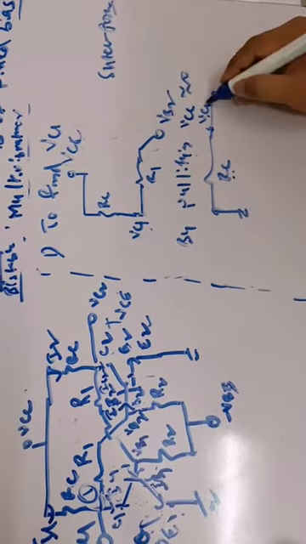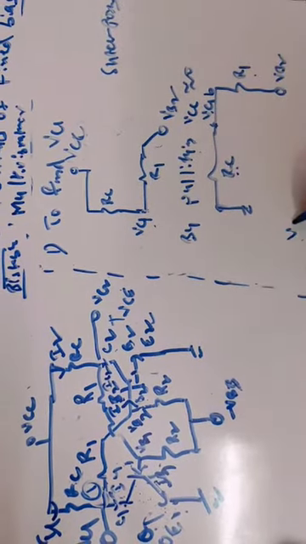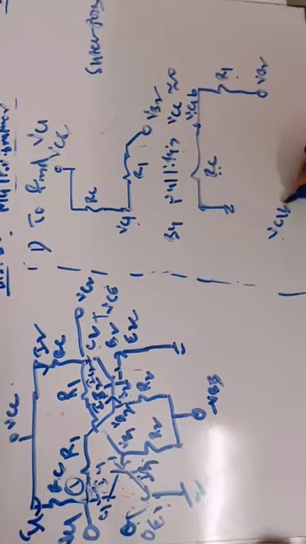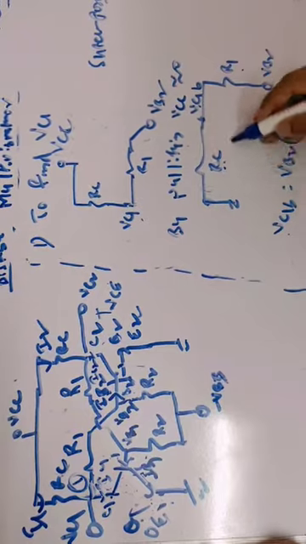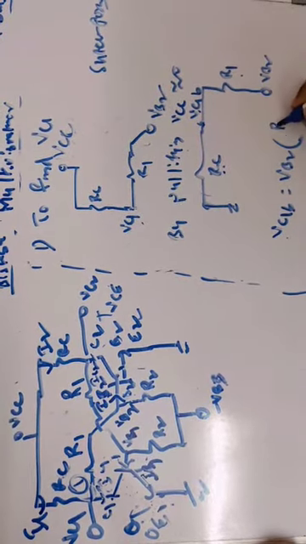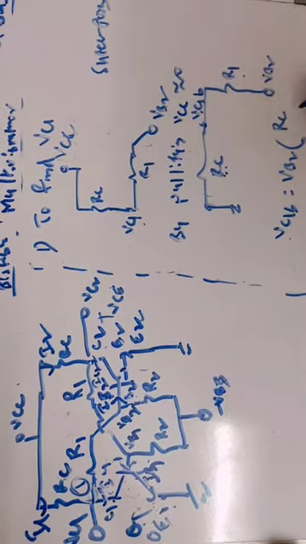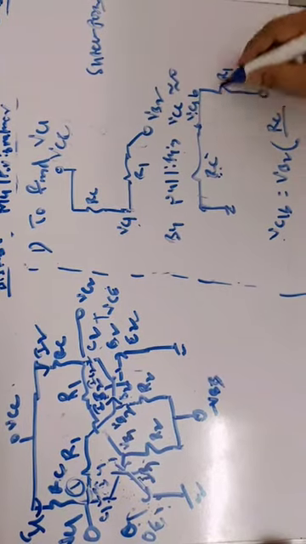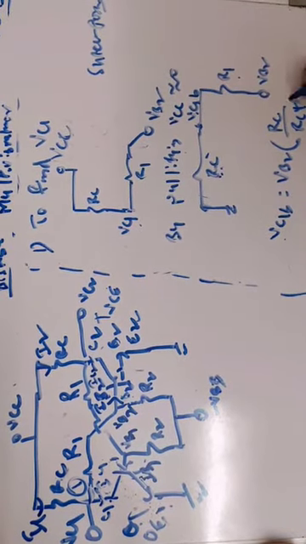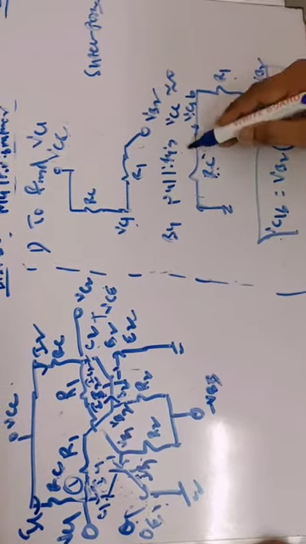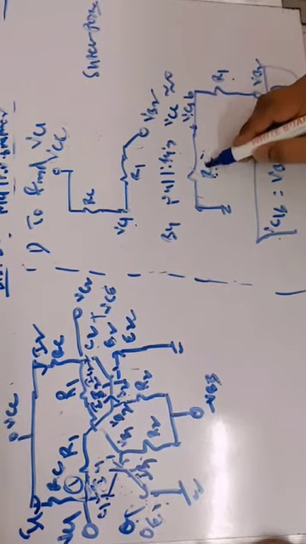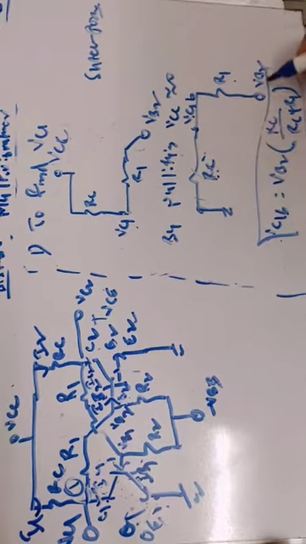So let us take VC1B. VC1B is equal to VB2 into RC divided by the sum of the resistors RC plus R1. This is the voltage across the resistance RC, by nullifying the effect of VCC and considering only VB2.